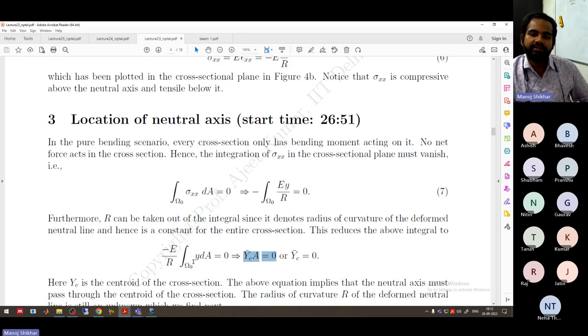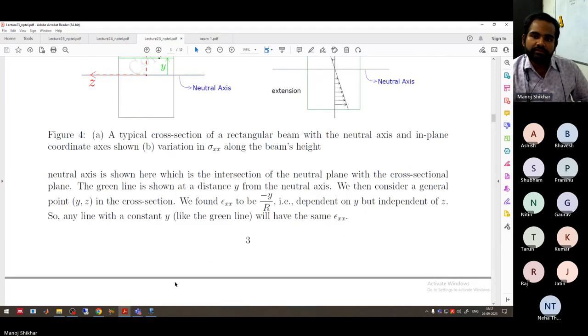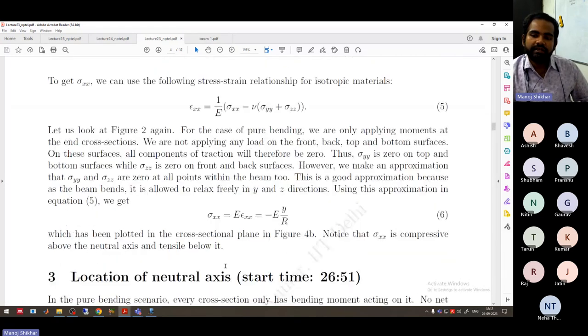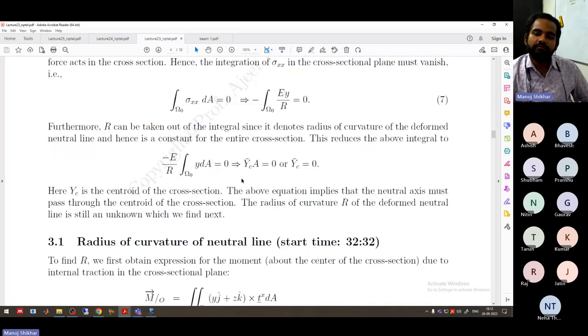So this essentially gives me y bar c, the centroid, into A. When the cross section of the beam is rectangular or circular, any symmetric beam, the centroid will be at 0. So that is what we have gotten here.